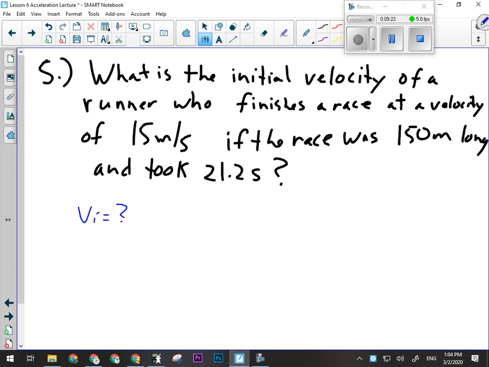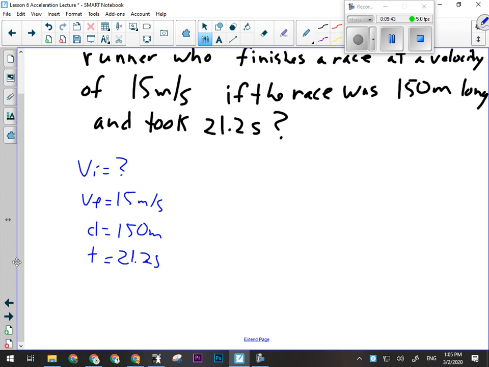They're asking us for the initial velocity. They finished the race at a velocity of 15 meters per second, so that's our VF. The race is 150 meters long, and it takes them 21.2 seconds. So looking for VI.